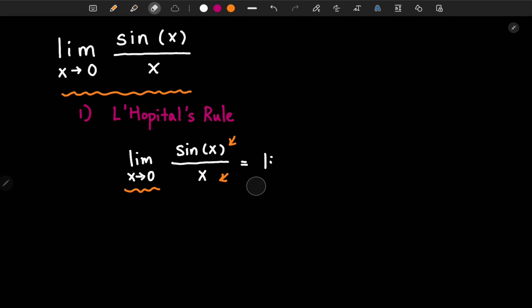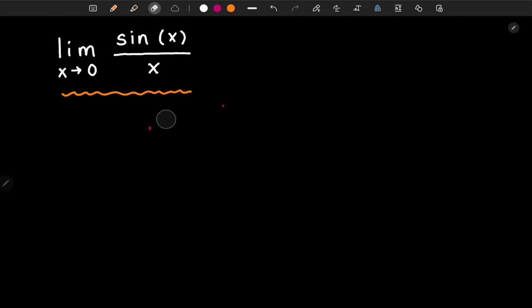Next, we'll introduce how to solve it by using the squeeze theorem. The concept of squeeze theorem is rather easy. Imagine you have a variable y, and we know y is, for example, greater than or equal to 4.